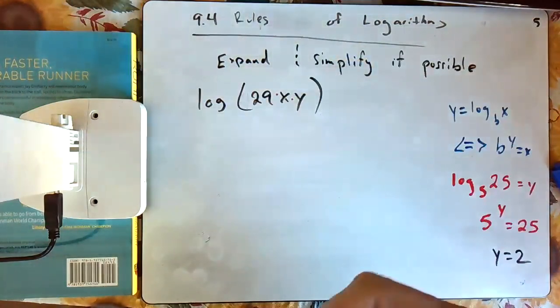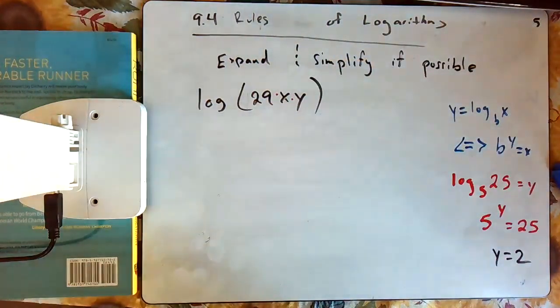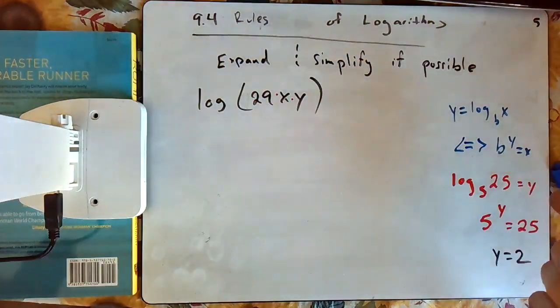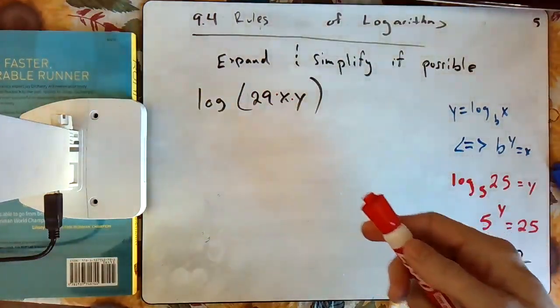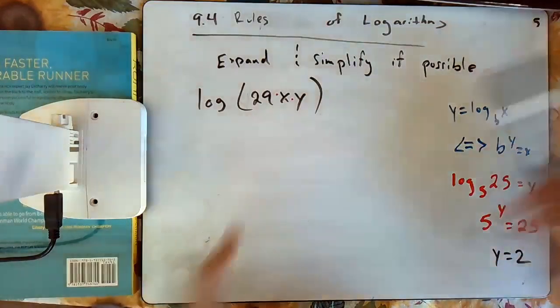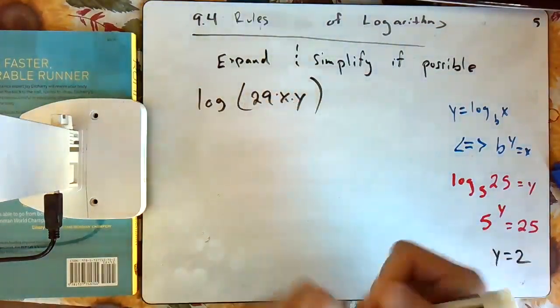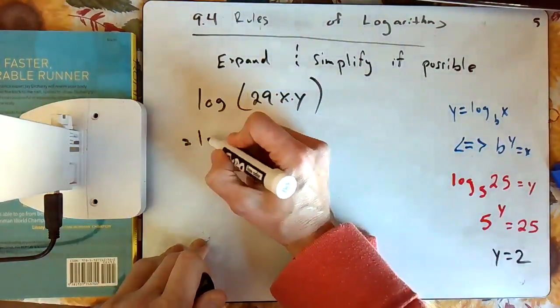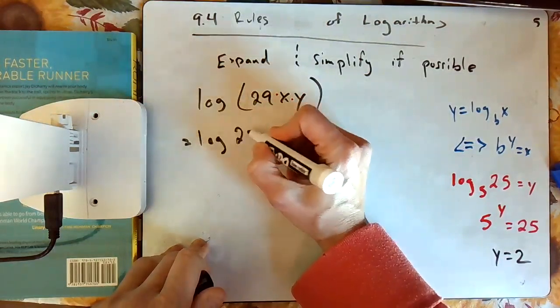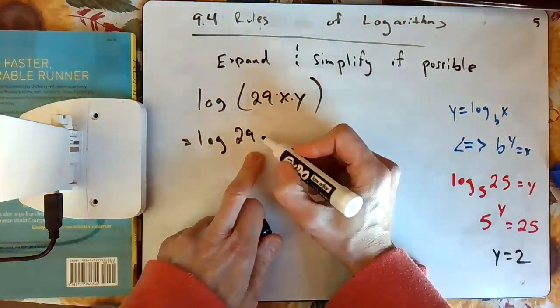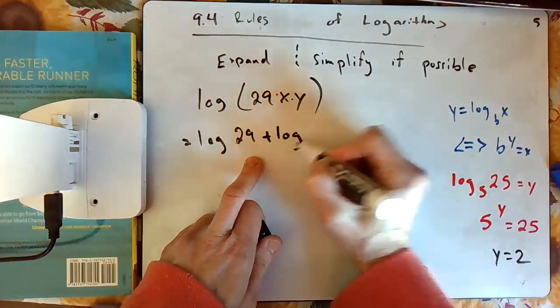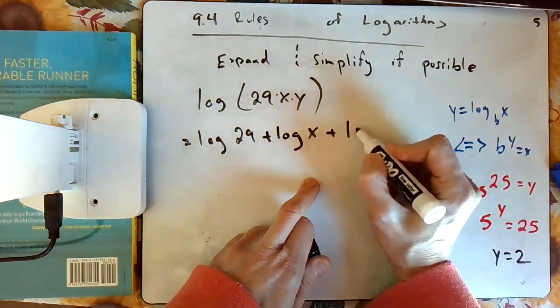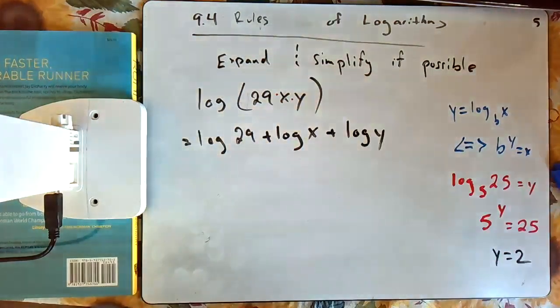Now, even though when I initially wrote the rules down, I said m times n, you could be multiplying 1,000 things, or we could be dividing 1,000 things. It still works out the same way, okay? Whenever you're multiplying terms, when you expand it out, it's done via addition. So we'd have log of 29 plus log of x plus log of y, like that.